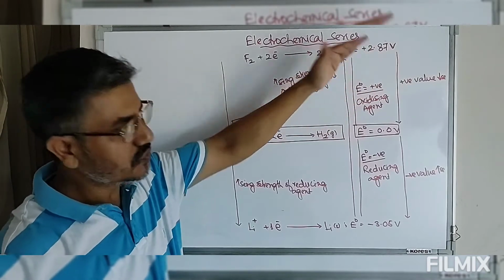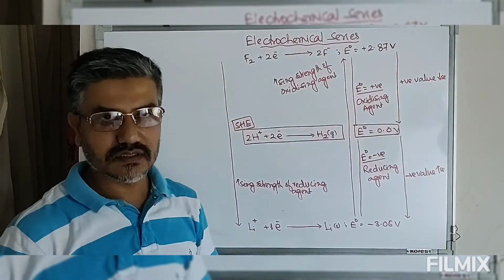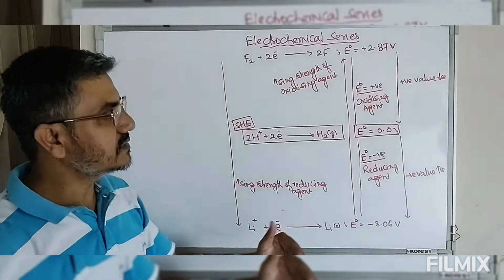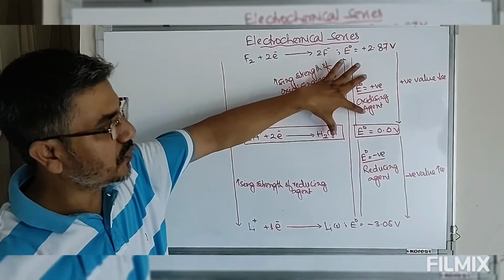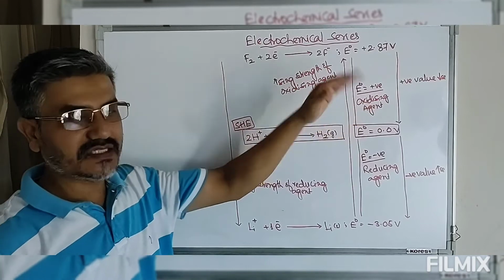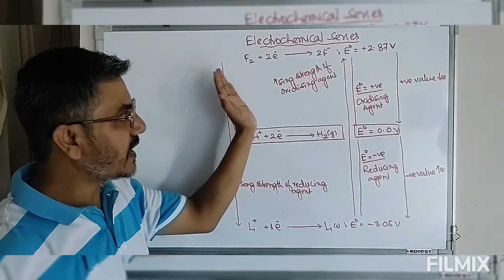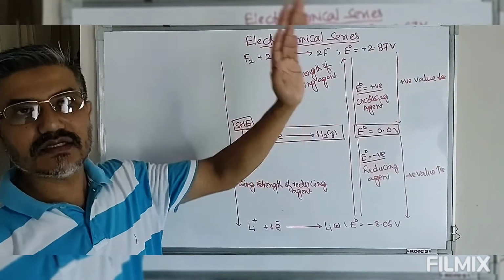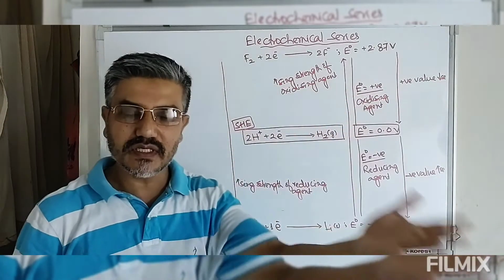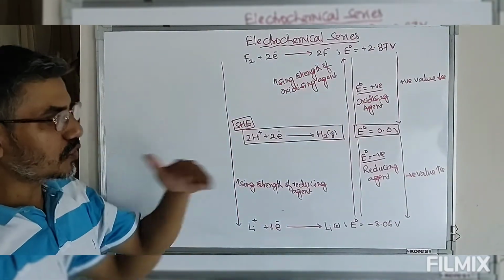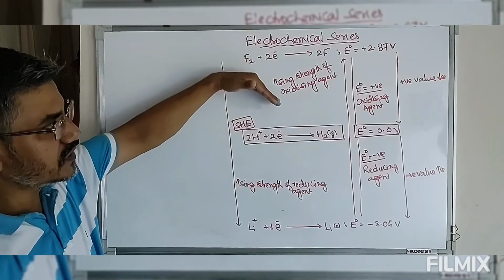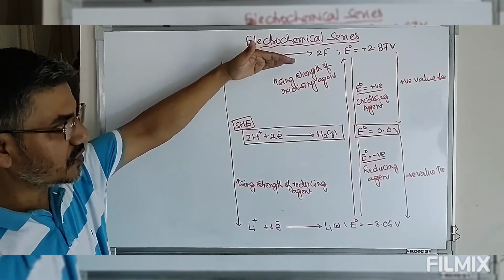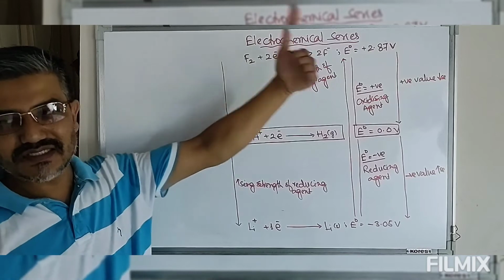Those electrodes for which the reduction potential is positive are known as oxidizing agents, because they have a greater tendency to get reduced and the other species will be oxidized. So all those electrodes above hydrogen whose reduction potential is positive are good oxidizing agents.